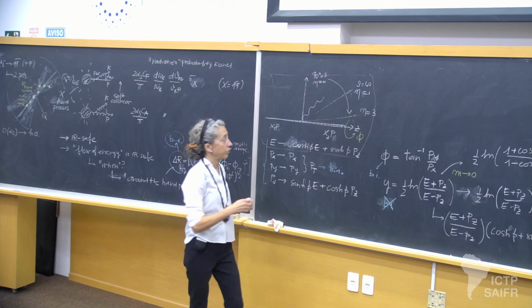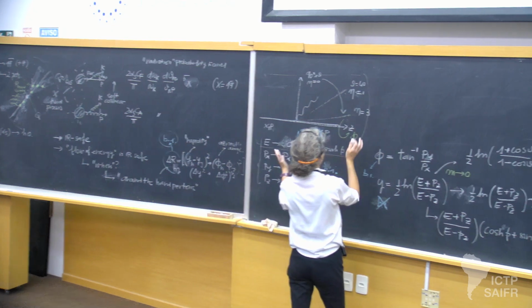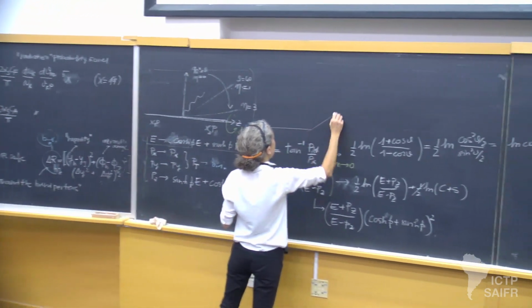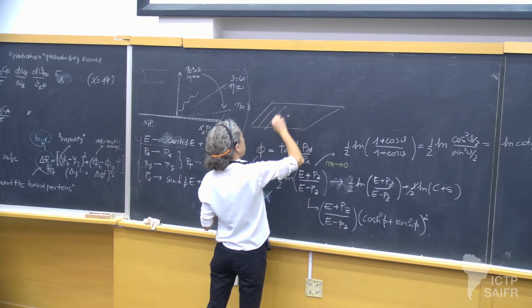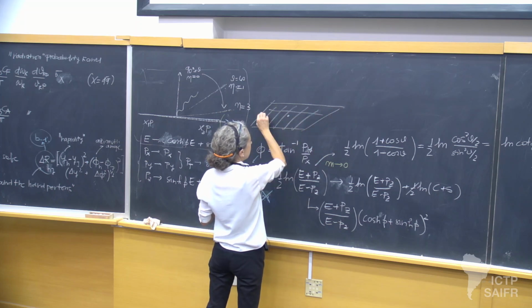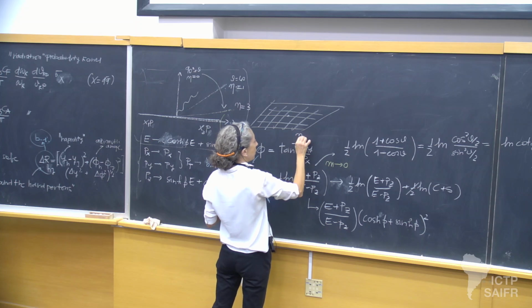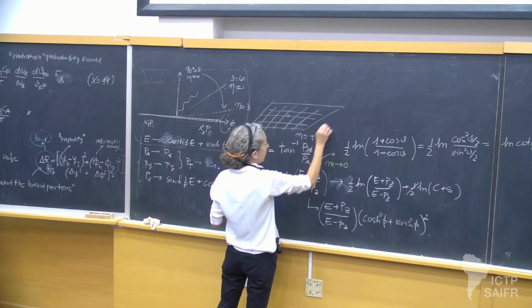Those are the coordinates of the collider. So this surface around your beam becomes one of those planes in which you then see plots that are all divided into little squares. That is the grid that you use for your eta, which is y, and phi.